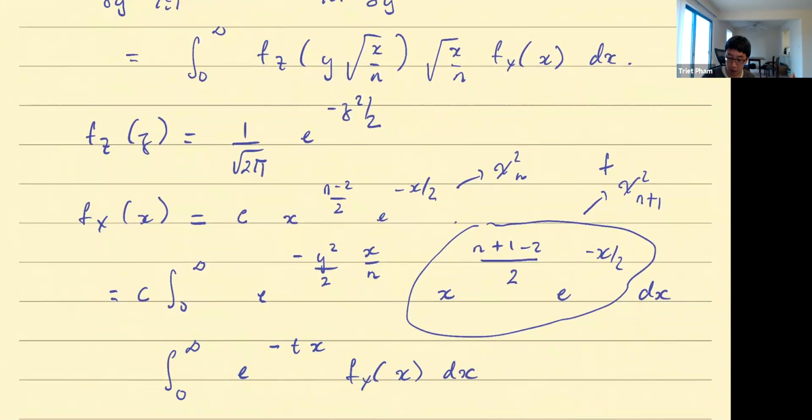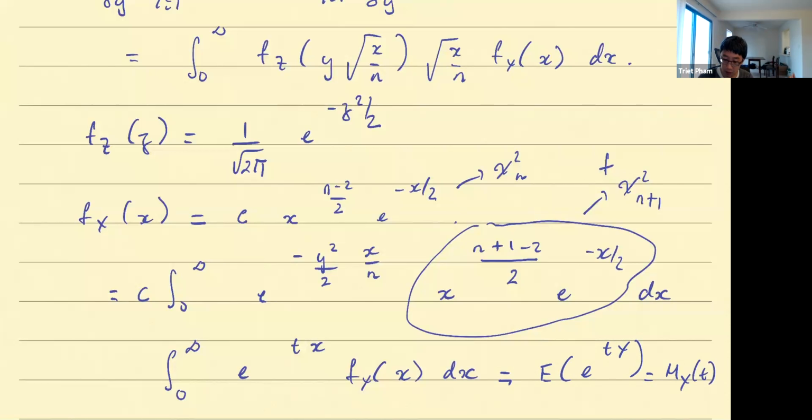What does that remind you of? Does this calculation signify anything? Exactly, this is the expectation of e to the tx, the moment generating function of x evaluated at t.